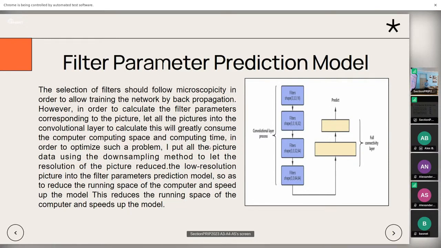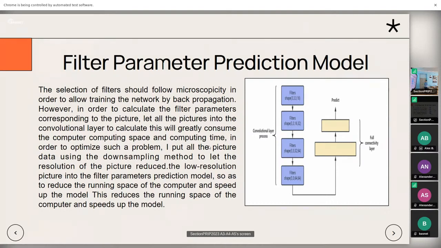Using these filters, finally I will predict filter parameters. So I use the formula from before and the label. I fill in the loss formula, and then I create the filter parameters predict model.